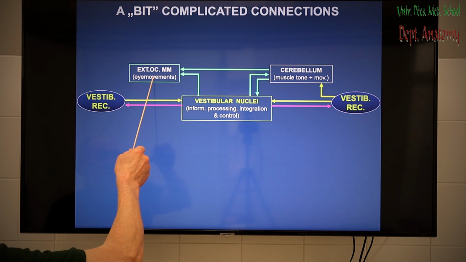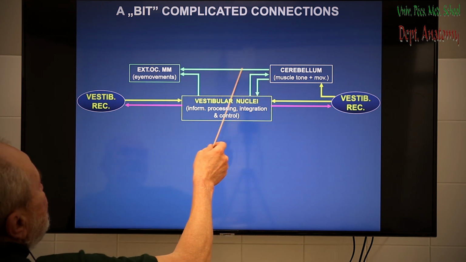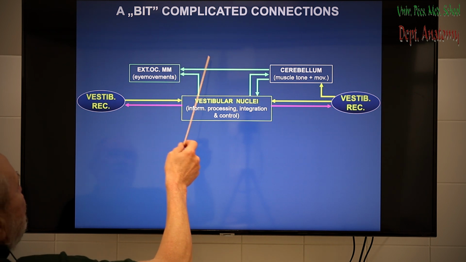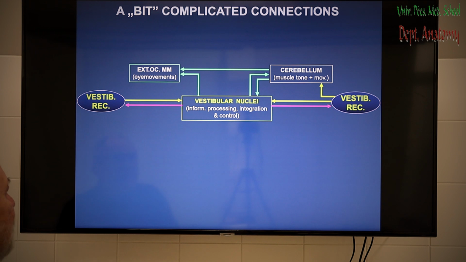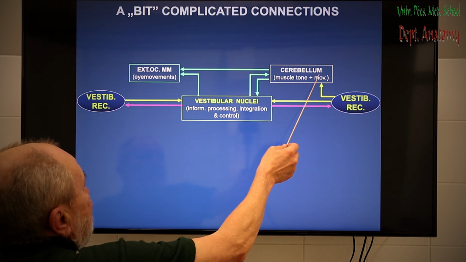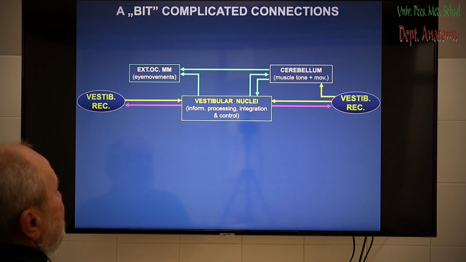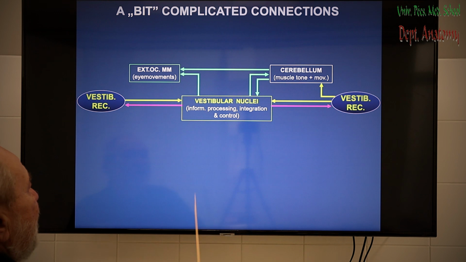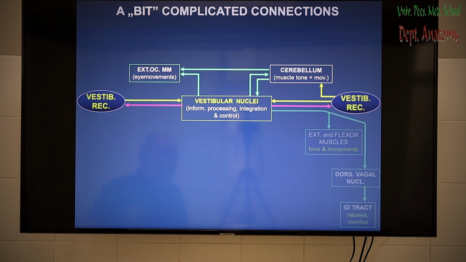The extraocular eye muscles also get orders from the cerebellum, and through the medial longitudinal fasciculus from the vestibular nuclei. In turn, the cerebellum, receiving the vestibular information, processes it and sends it back to the vestibular nuclei, mostly to the lateral vestibular nucleus, from where information goes down to the spinal cord.